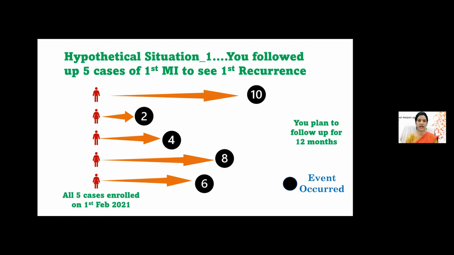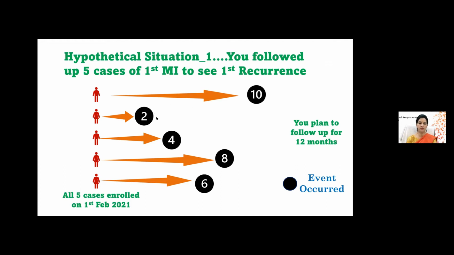So this is again a hypothetical situation. In this case, you can see there are 5 men, and you have followed up those men for the recurrence of the event, the same which we have seen, recurrence of MI, myocardial infarction, after the first event. This person has developed this event after 10 months.